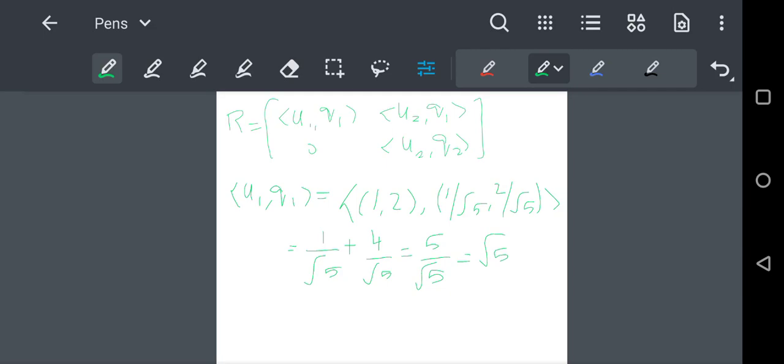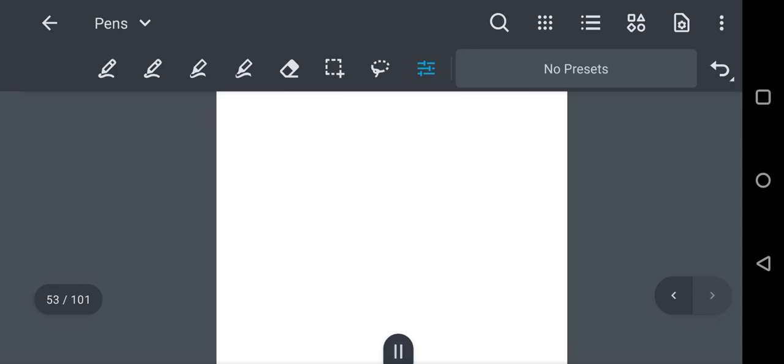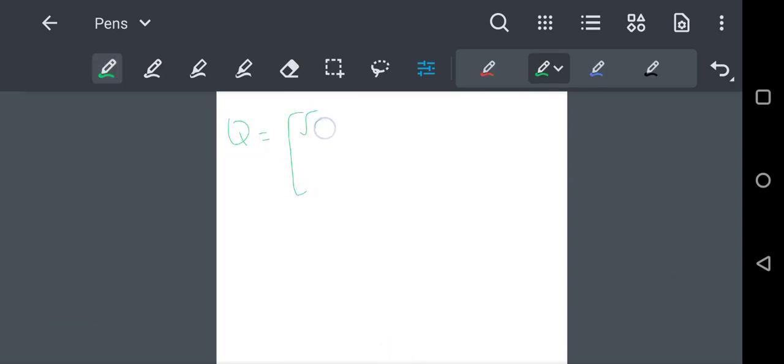In the same way, when you calculate the inner product for u2 with q1 and u2 with q2, what we will be getting is R equal to the matrix with root 5, root 5 in the first row, and 0, root 5 in the second row.